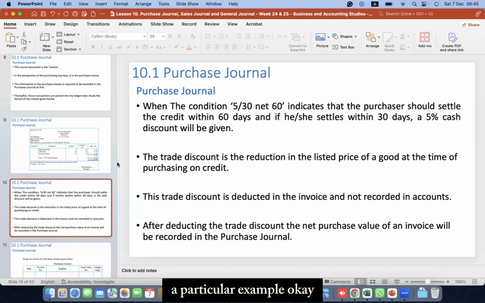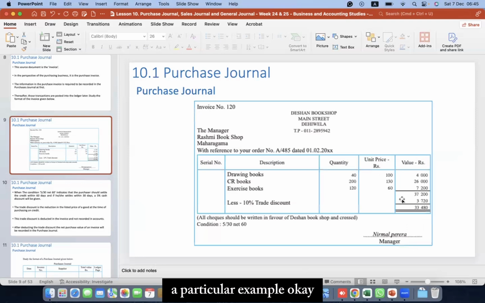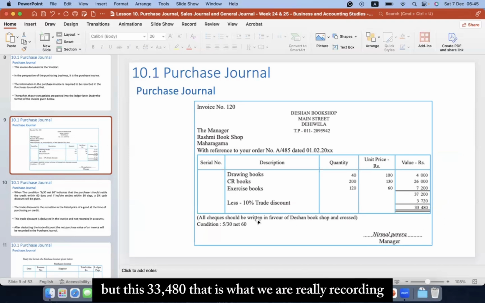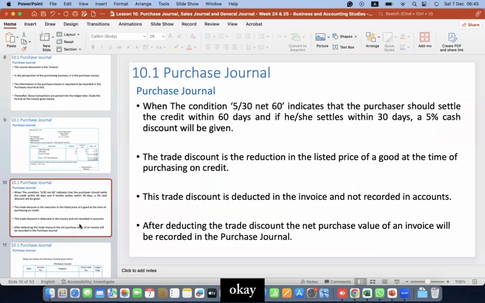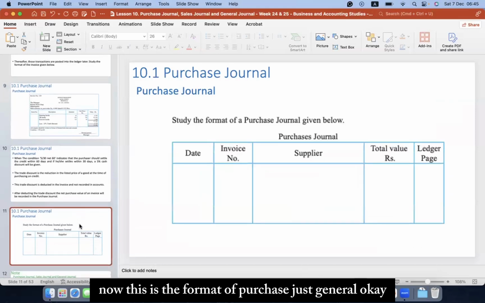ඒ කියන්නේ මම අර කලින් කිව්වා වගේ දැන් මේක ගත්තොත් මේ particular example එකේ මේ 10% trade discount එක we are not recording it, but this 33,480, that is what we are really recording. Okay, now this is the format of purchase journal. You have the date, then you have the invoice number.